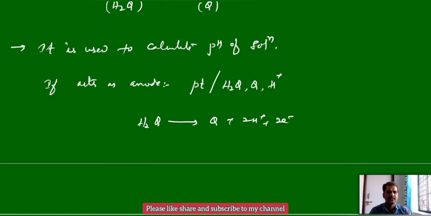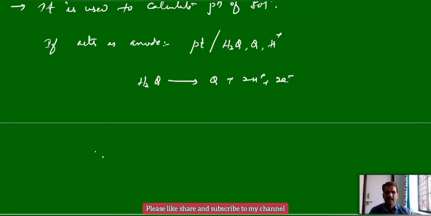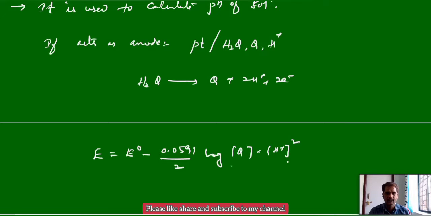And for this, if you write the Nernst equation, again as usual, E cell is equal to E naught cell minus 0.0591 by n, where the number of electrons transferred here is 2, log of concentration of quinone into concentration of H plus square by concentration of hydroquinone.